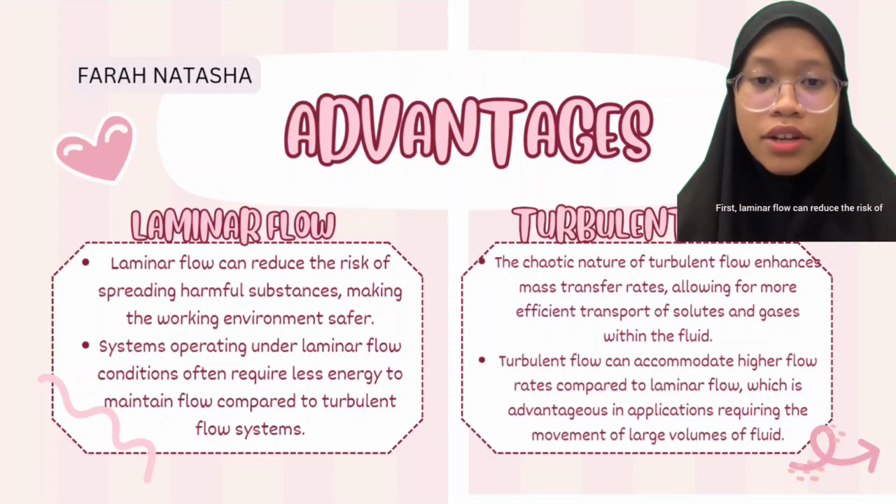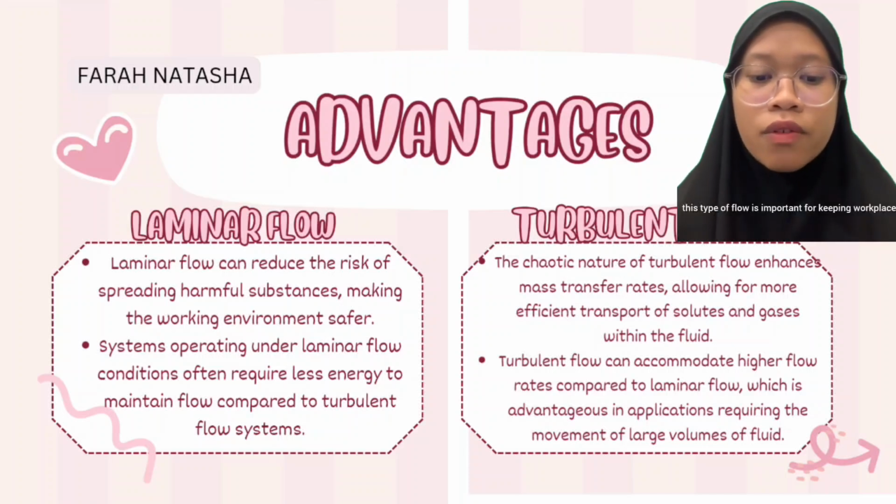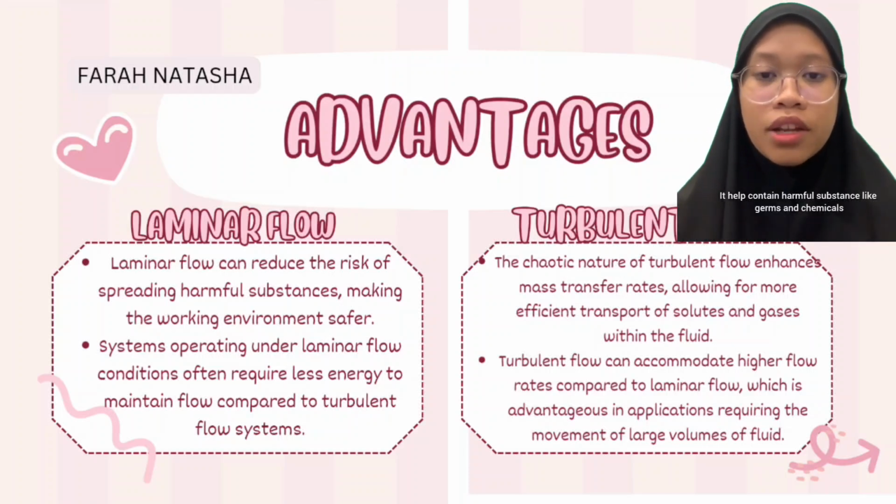What are the advantages of laminar flow and turbulent flow? First, laminar flow can reduce the risk of spreading harmful substances, making the working environment safer. Laminar flow is when air or liquid moves in smooth, even layers. This type of flow is important for keeping the workplace safe, especially in labs and hospitals. It helps contain harmful substances like germs and chemicals, preventing them from spreading into the air.